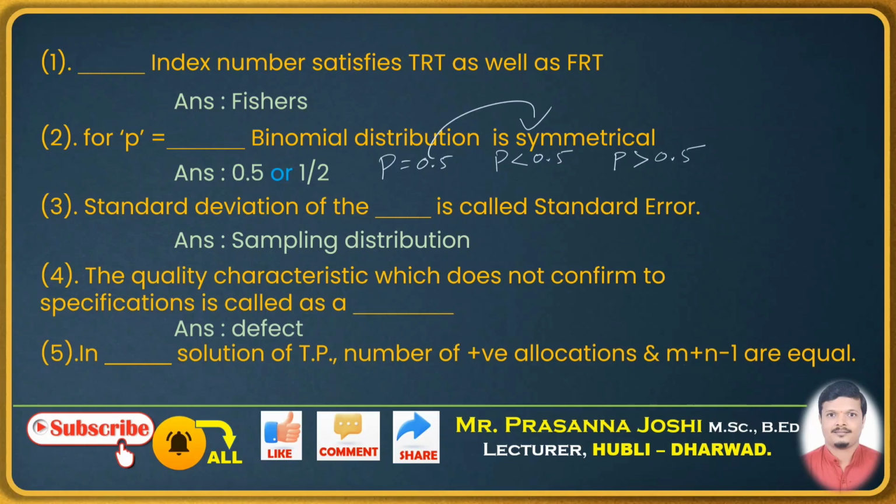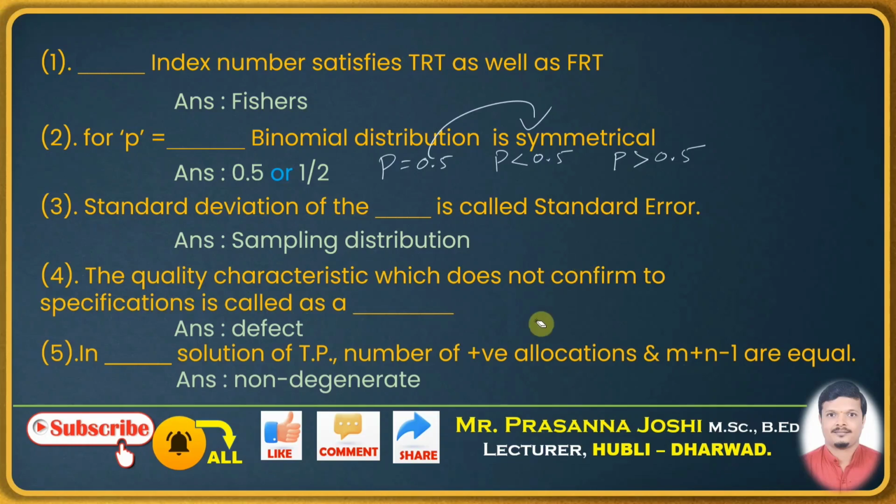So the answer for this is non-degenerate solution, because for non-degenerate solution, positive allocations as well as m plus n minus 1 will be equal. So the answer here is non-degenerate solution.